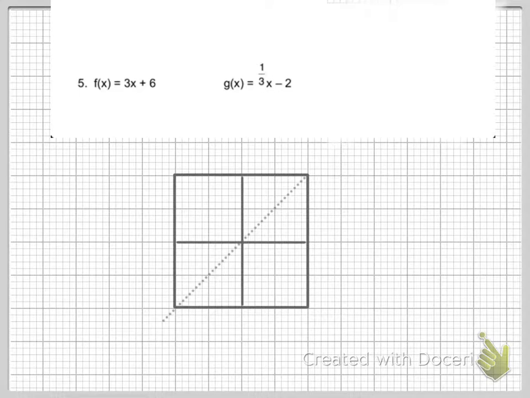So let's go ahead and put them on the graph. 3x plus 6, so 1, 2, 3, 4, 5, 6, put a dot. Slope of 3. Okay, and I'm going to draw in that line.